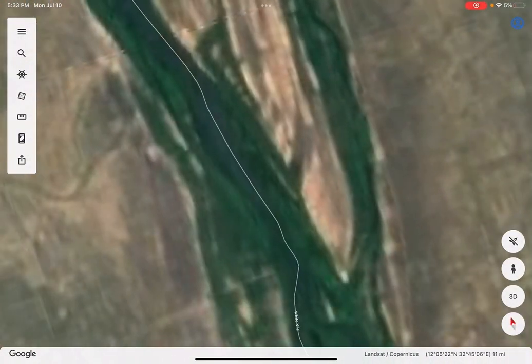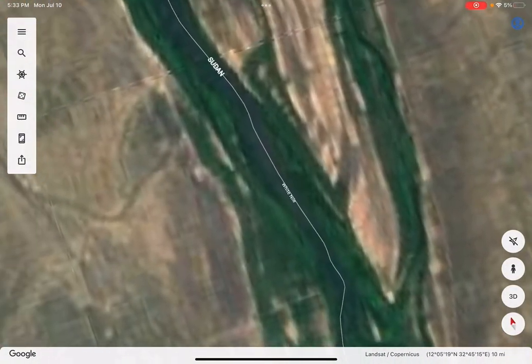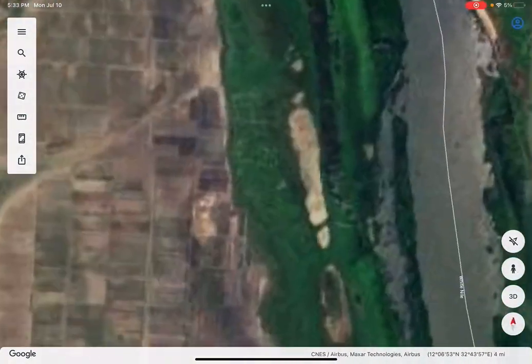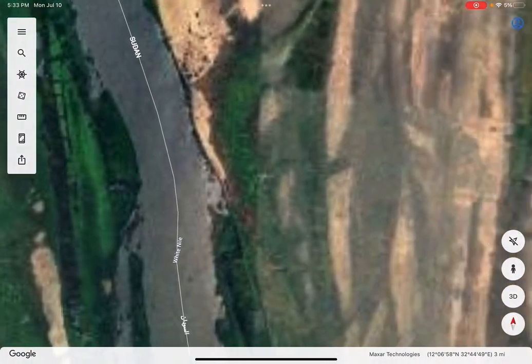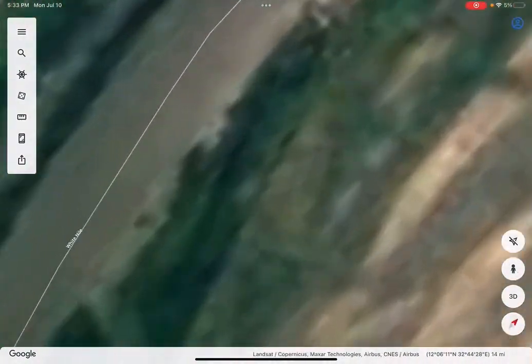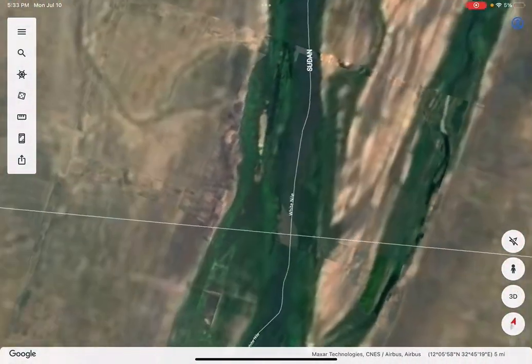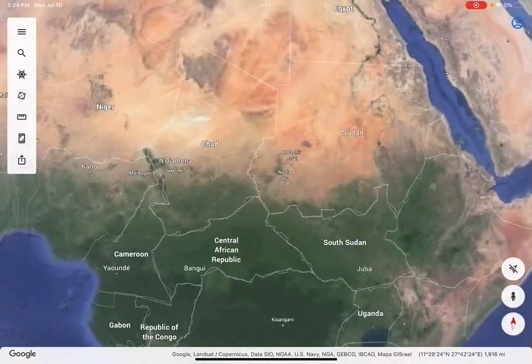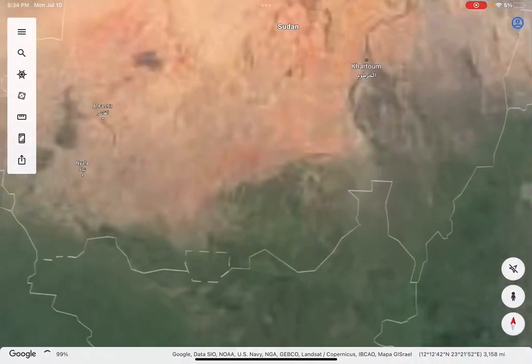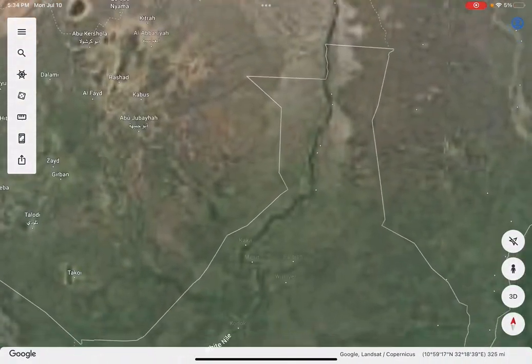When a country is bordered by a river, one half belongs to one country, and the other half belongs to the other. So South Sudan owns this half, Sudan owns this half. Sudan is a really big country, so they take lots of South Sudan's land. But South Sudan has a big chunk right here too.